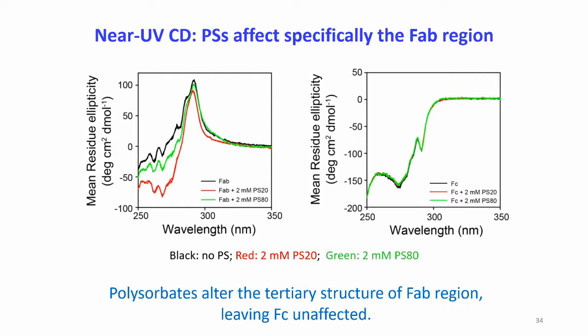But at least from this data, you can see that 2 millimolar is the saturating concentration. You can see drastic changes in the tertiary structure of the Fab, no changes in the tertiary structure of the Fc. But I have shown another case where we purified the protein in our lab, the heat shock protein. We can use the near UV CD structural changes to determine the KD values.